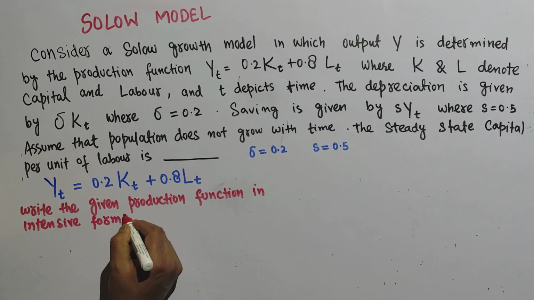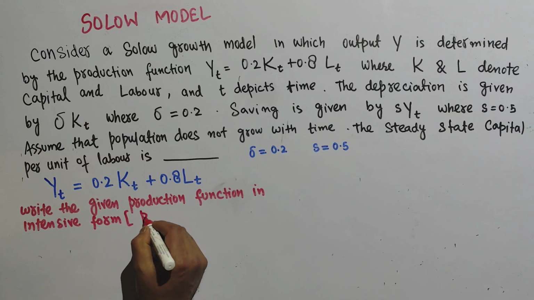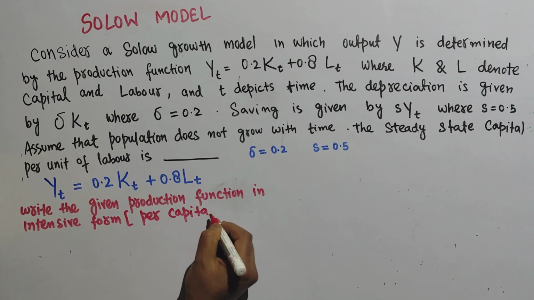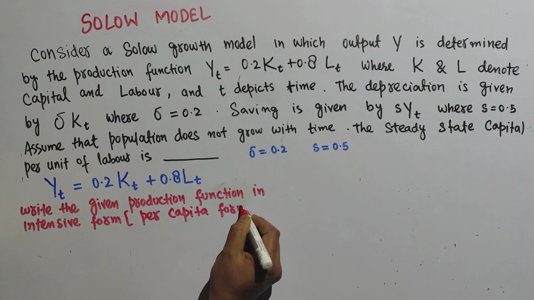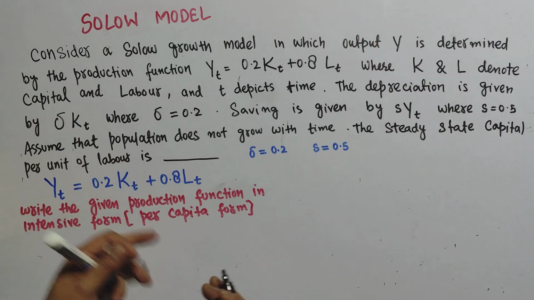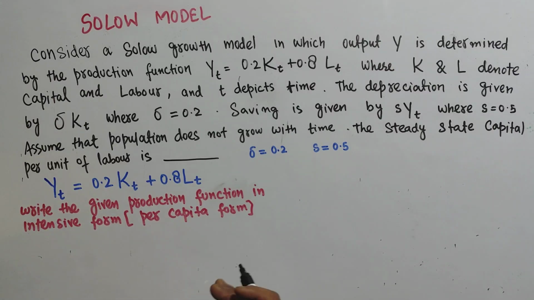By intensive form, what we mean is per capita form. That means we need to divide the given production function on both sides by L, to write the given production function in per worker form.